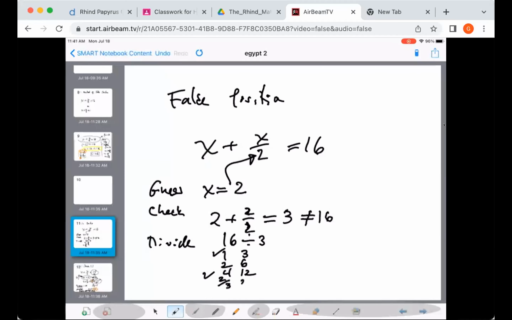Oh wait, I'm sorry, I made a mistake. I'm checking the wrong things. Let me highlight those. 3 plus 12 plus 1. So 16 divided by 3 is 5 1/3.